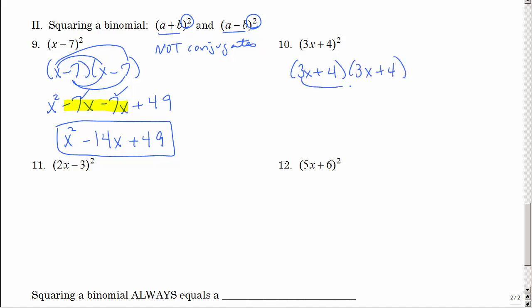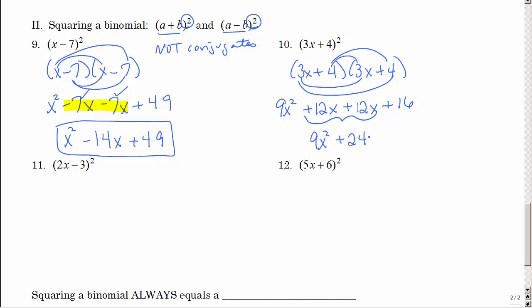Right, so we multiply, and since we're squaring, we're going to get the same middle term again with the same sign because they're not conjugates. Okay, those middle terms are going to be the same, and we add them together.